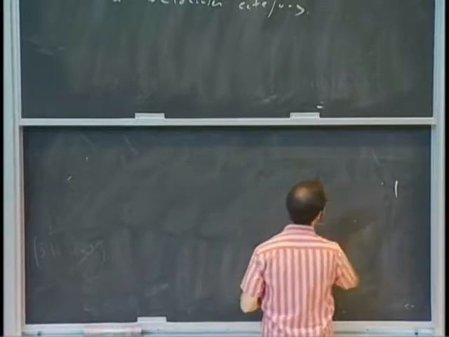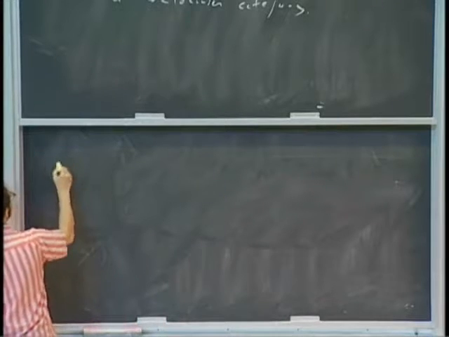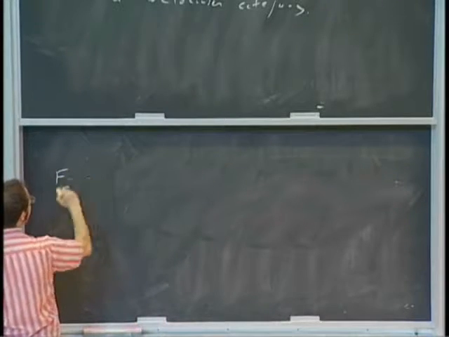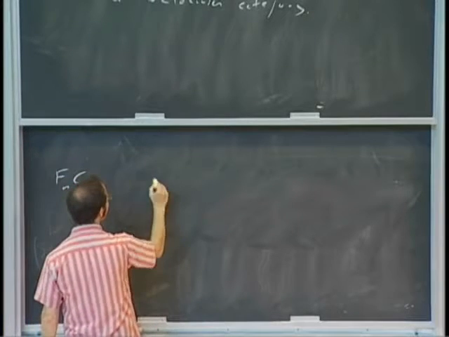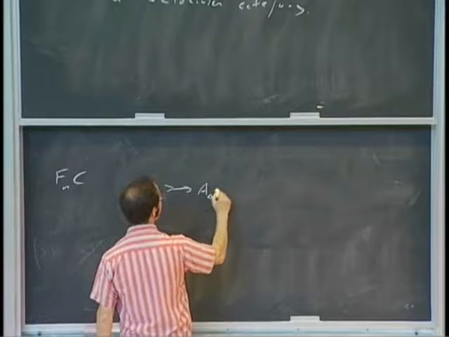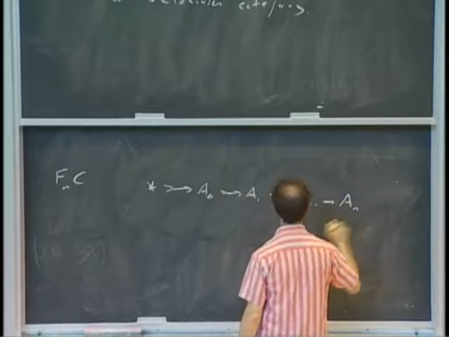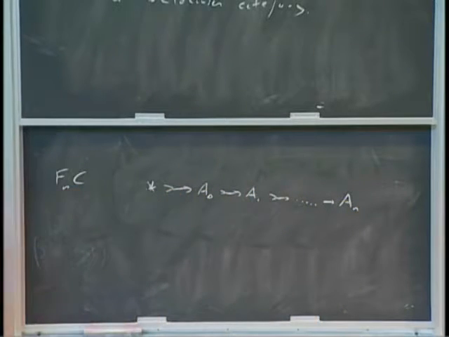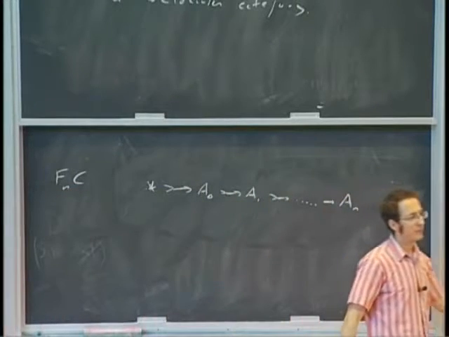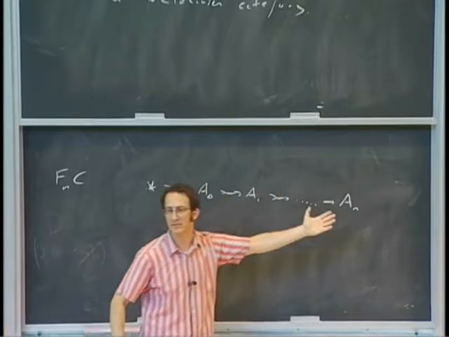So let me define Fn of C to be sequences like this: A0, A1, ..., An. So it's a sequence of cofibrations. Remember, ultimately what I'm doing is building a device to help me split up cofiber sequences. And so it's maybe not so crazy that I might think about filtered objects as part of doing that.